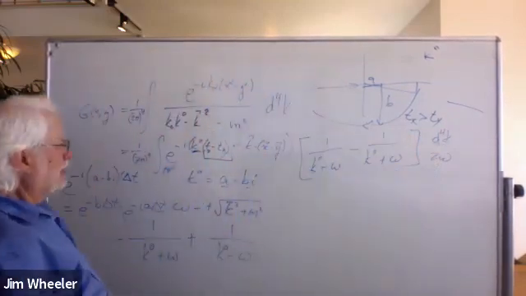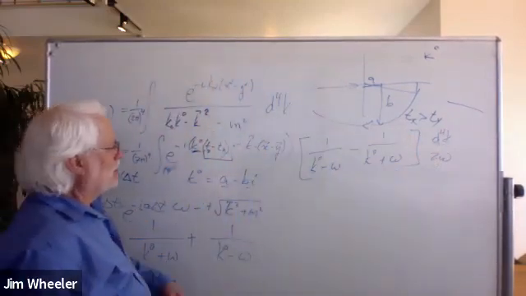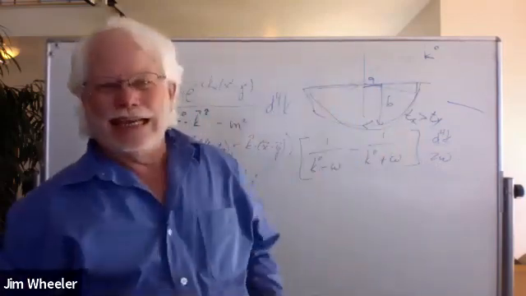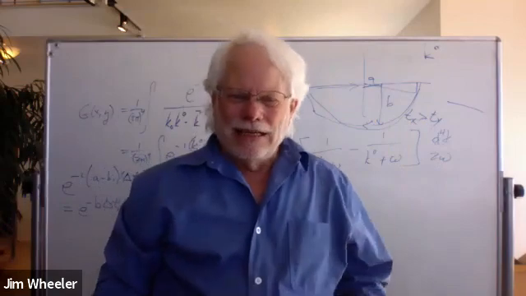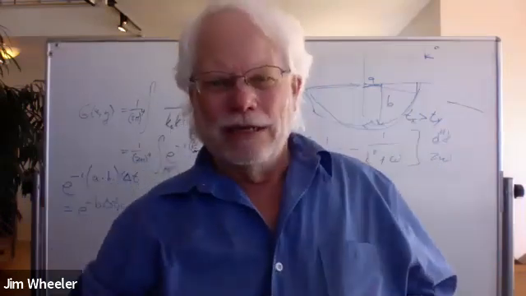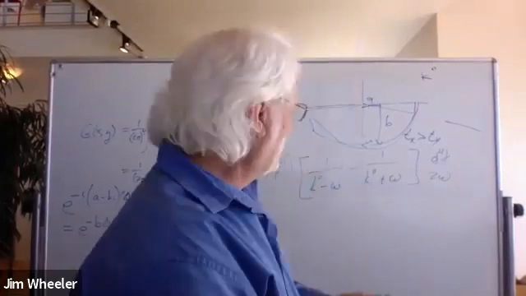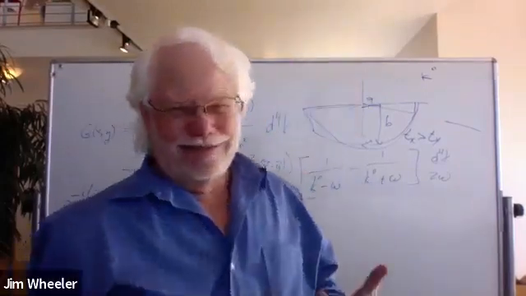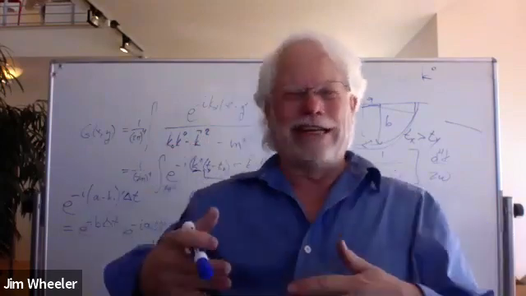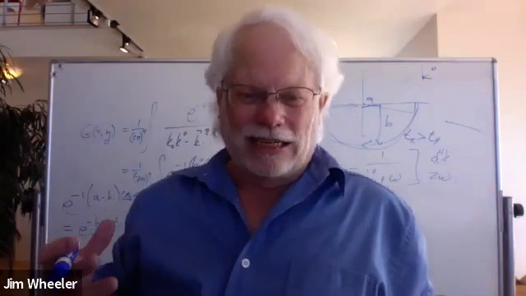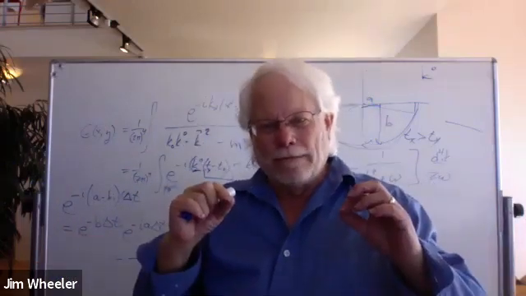And so if the residue lies inside, basically anywhere in the lower half plane, then the residue theorem will give us something. If the pole doesn't lie there, then it doesn't give us anything. Well, the problem here is that the pole is on the real axis. And one of the many tricks in complex analysis is to push it off.